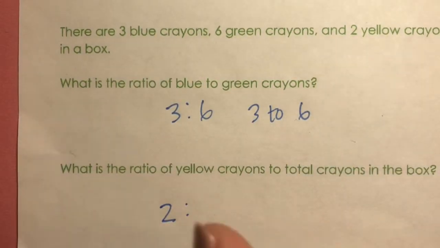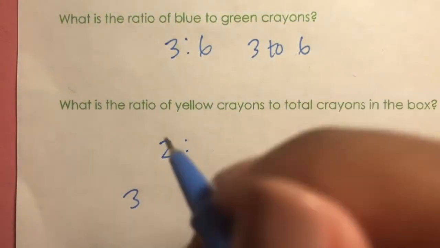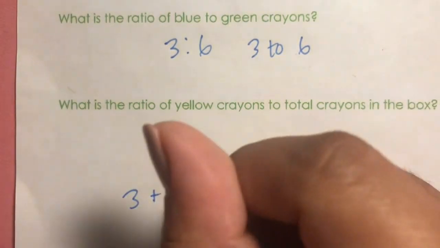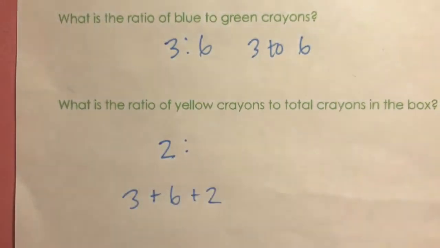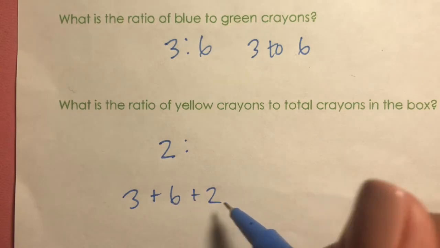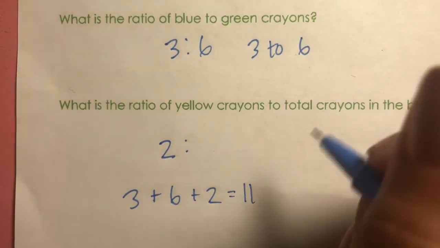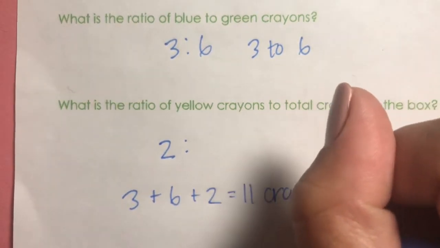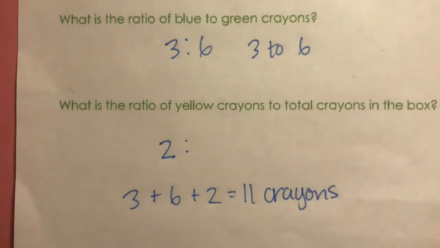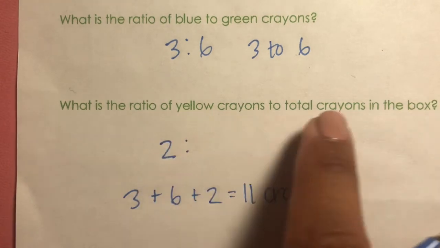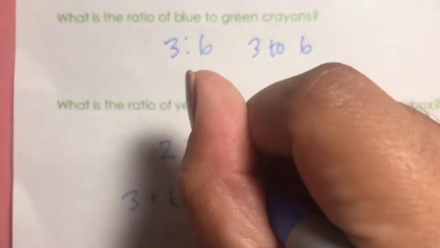So we have 3 plus 6 plus 2. 3 plus 6 is 9, 9 plus 2 is 11. So we have 11 crayons total in the box. So we know that the ratio of yellow crayons to total crayons is 2 to 11.